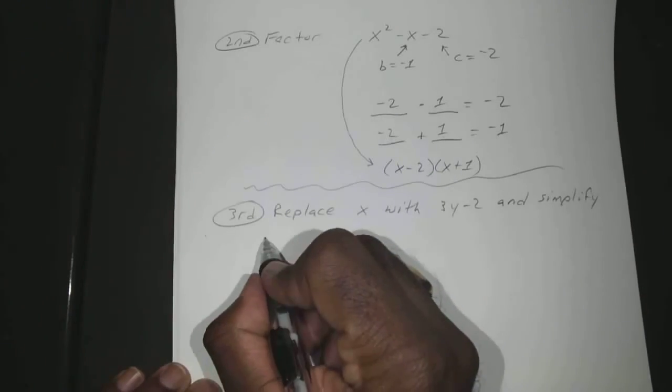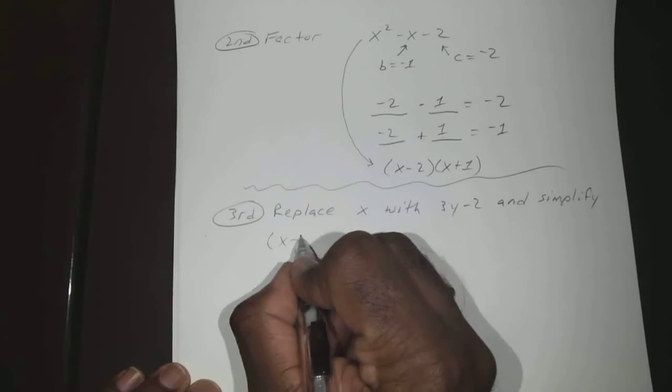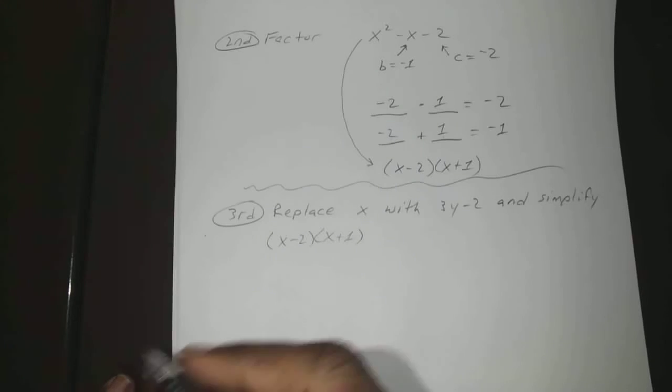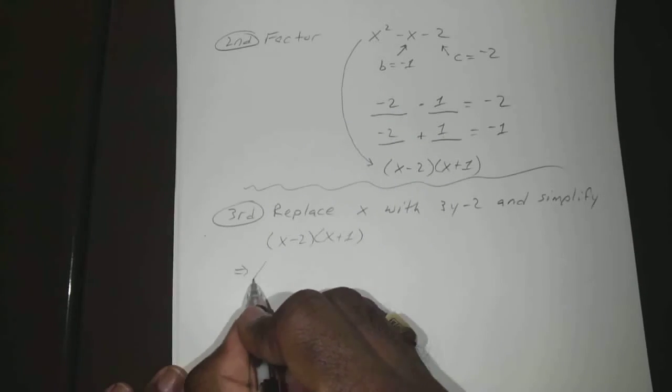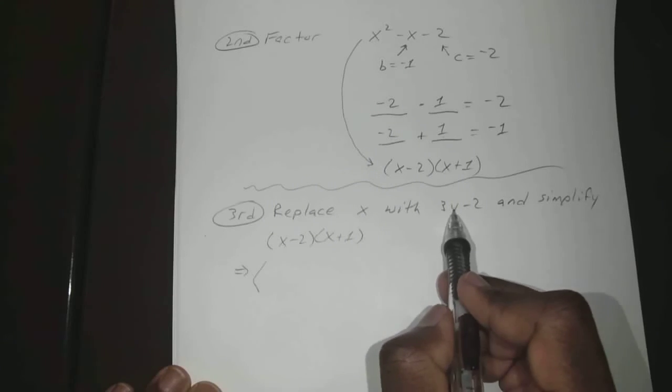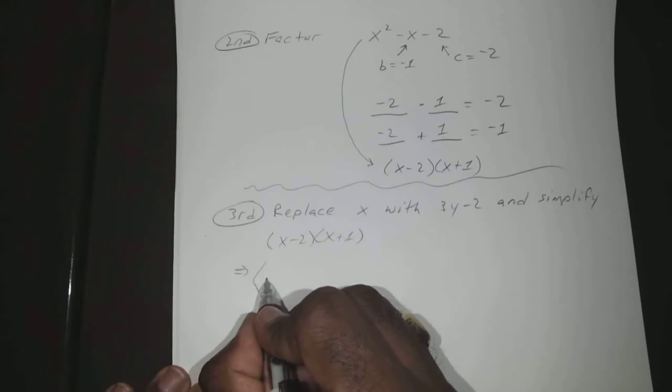So if we have our x minus 2, x plus 1, we plug those in, and we end up with, instead of x minus 2, 3y minus 2, minus 2.